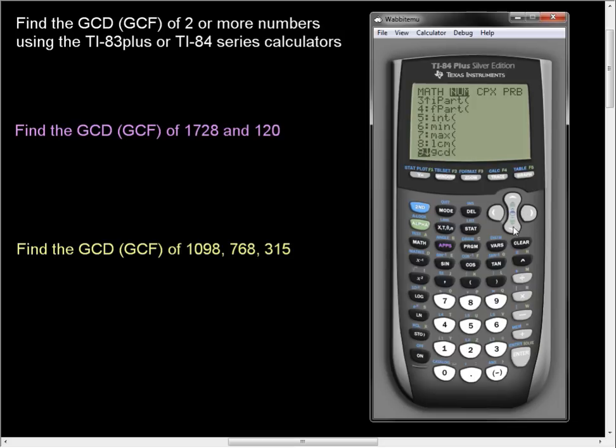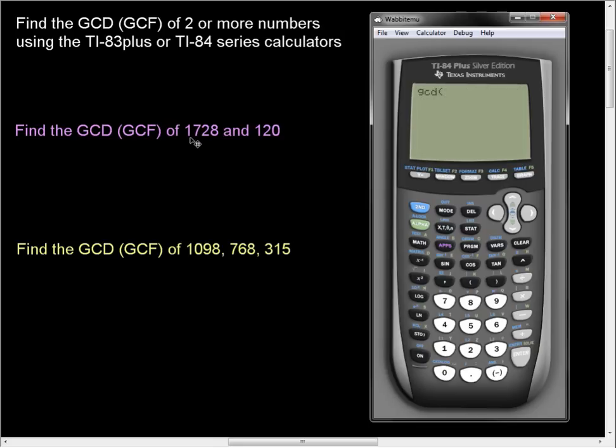If you have an updated operating system on your TI-84 Silver, you'll have additional options underneath 9. If you have the 83 Plus or the original operating system for the Silver edition or the TI-84, you will not have those.